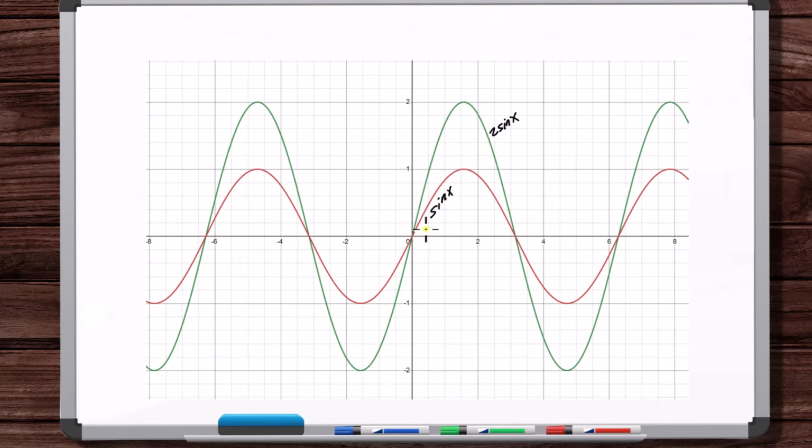And it makes sense to think about a stretching or shrinking about the y-axis of a sinusoid this way, because in essence all that's happened is that the amplitude has increased or decreased. Here it's increased. The general shape of the sinusoid is exactly the same, the only difference being that the amplitude has changed.